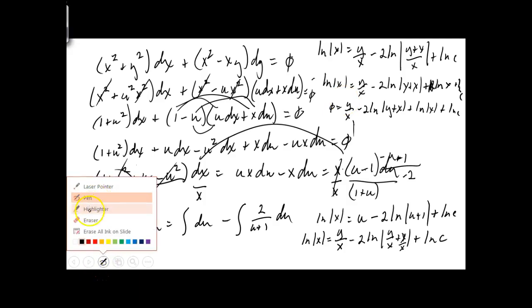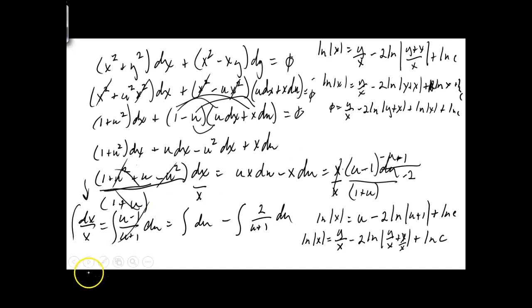Okay? I don't think we can separate the logs here, can we? So what we're going to do is, yeah, I was right, you can't. So let me erase some more here.